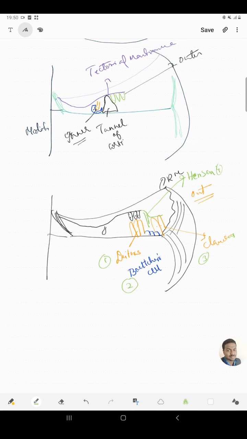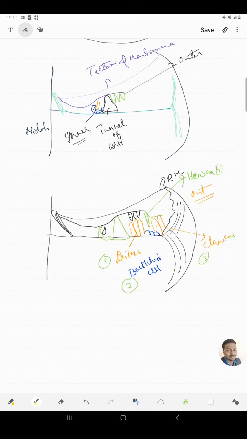Now till now we have constructed the compartments. Now we'll see the nerves. The nerves that reach the cochlea, the nerves of the ear, are the vestibular nerve and the cochlear nerve. Together it is called the vestibulocochlear nerve. As far as the cochlea is concerned, it is the cochlear nerve.